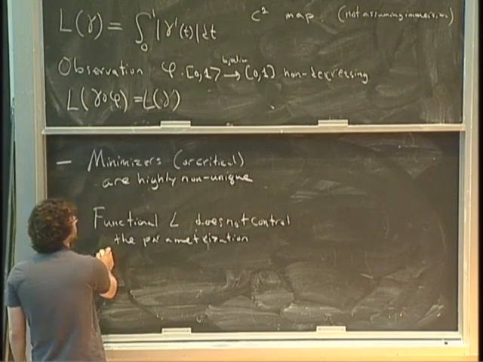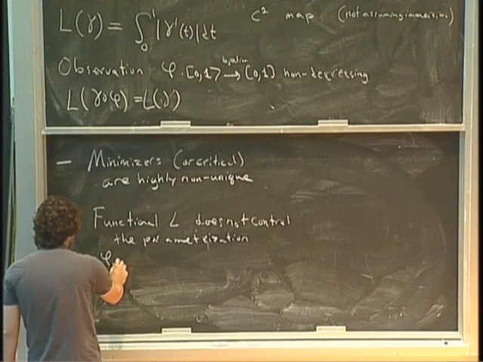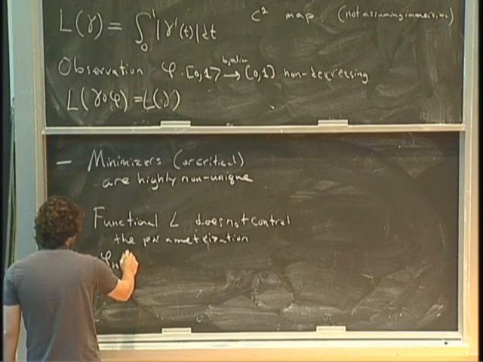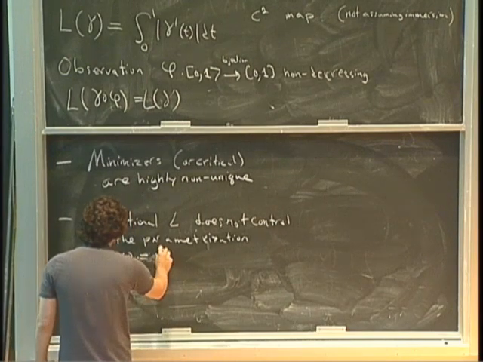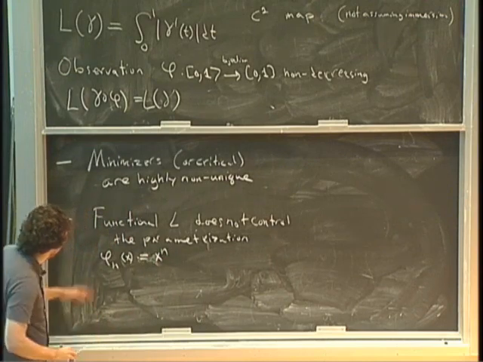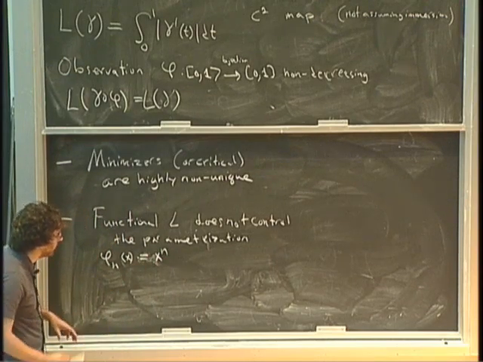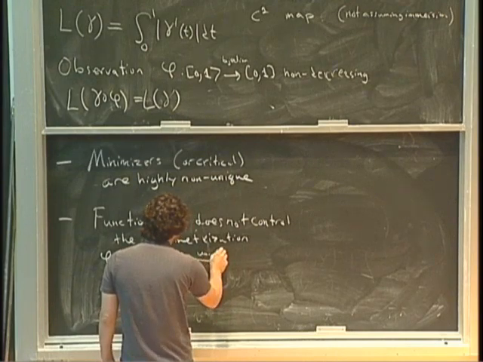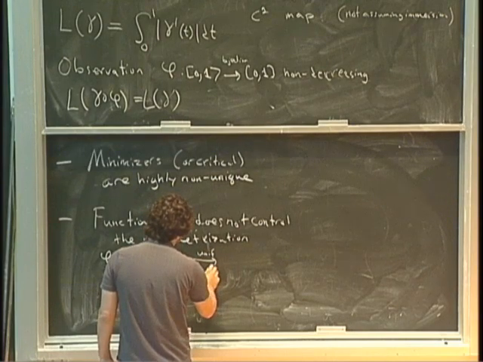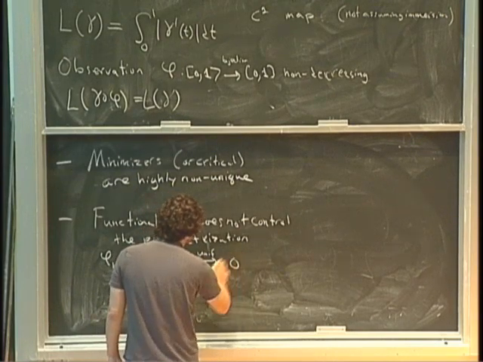Just to see that, consider the following maps phi_n(x), which map the interval to itself, just given by x to the n. So this converges uniformly on compact subsets of the open interval (0,1) to the function 0.